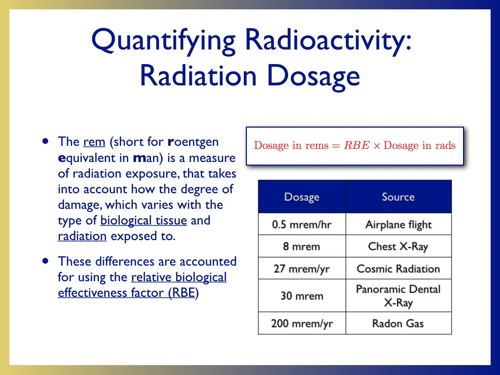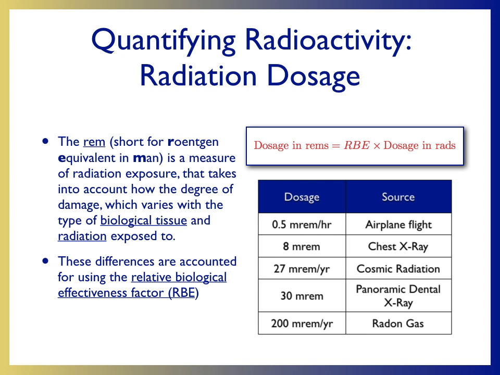This table here shows the types of radiation dosages that you can get from different sources that are common. Cosmic radiation, which are radioactive particles that come from outer space, gives you a dosage of 27 millirems per year.